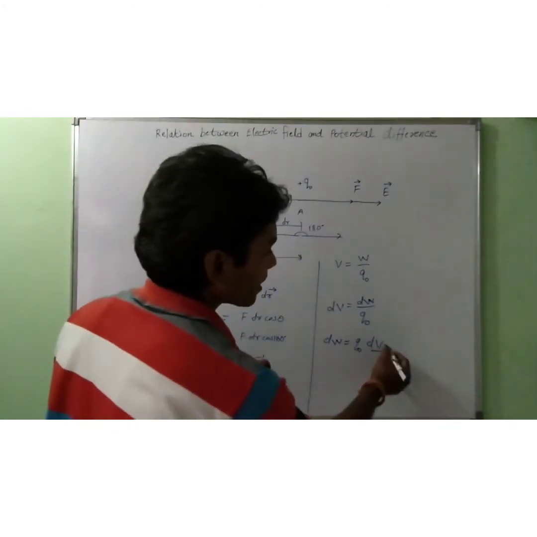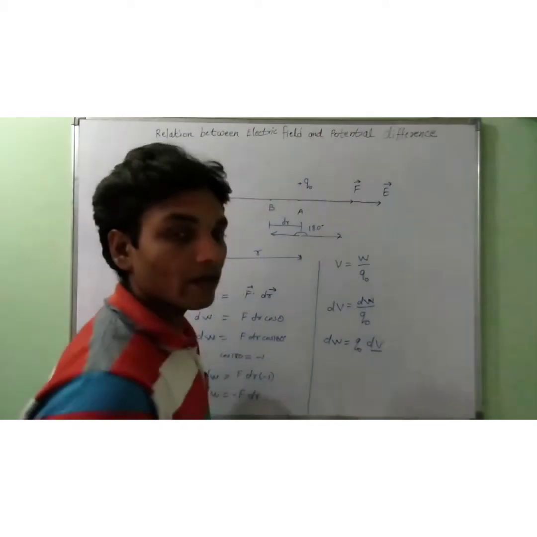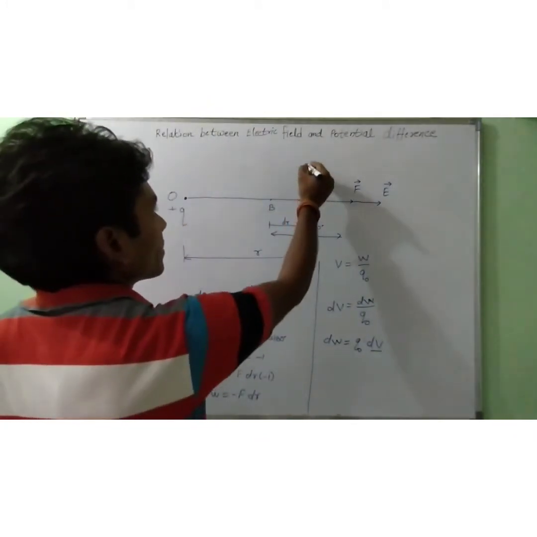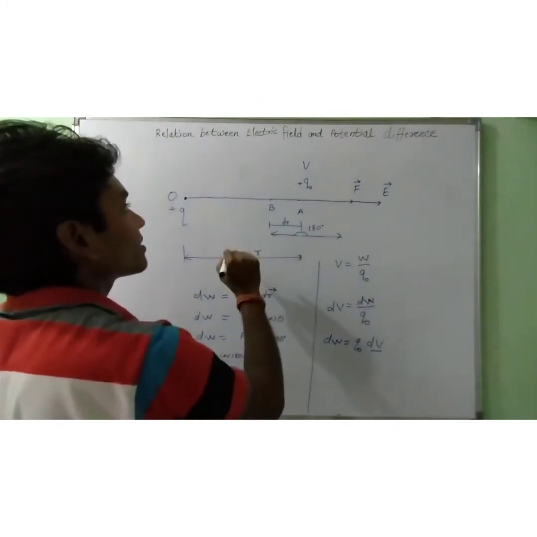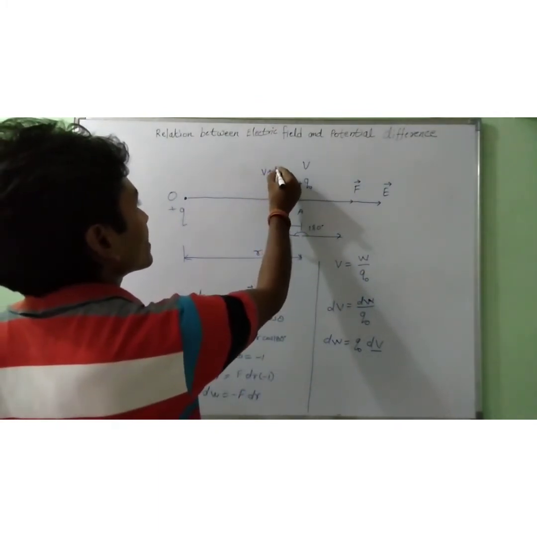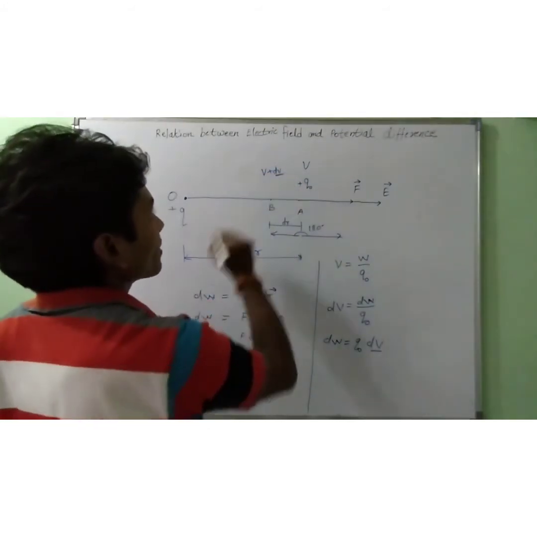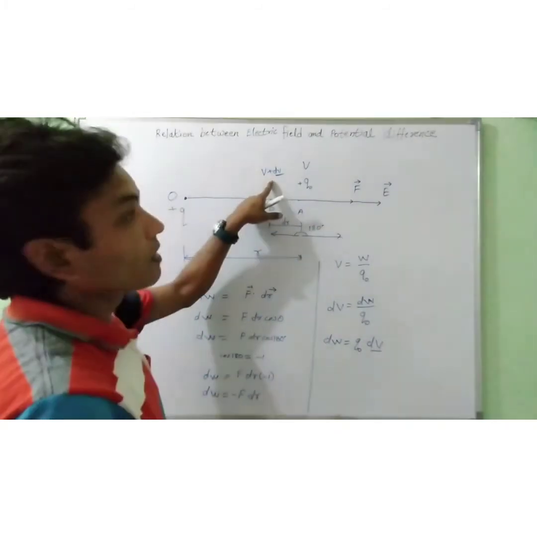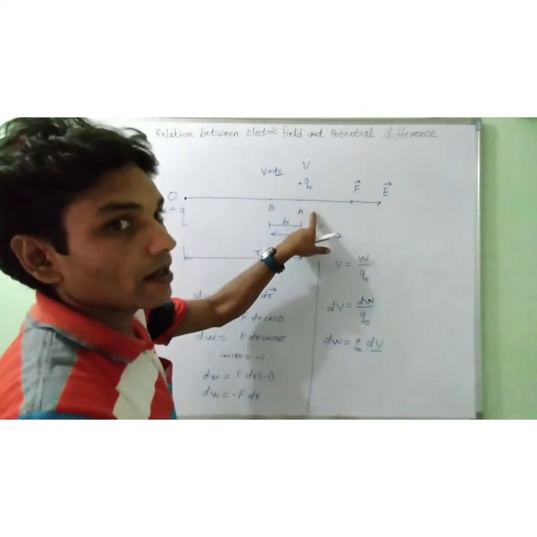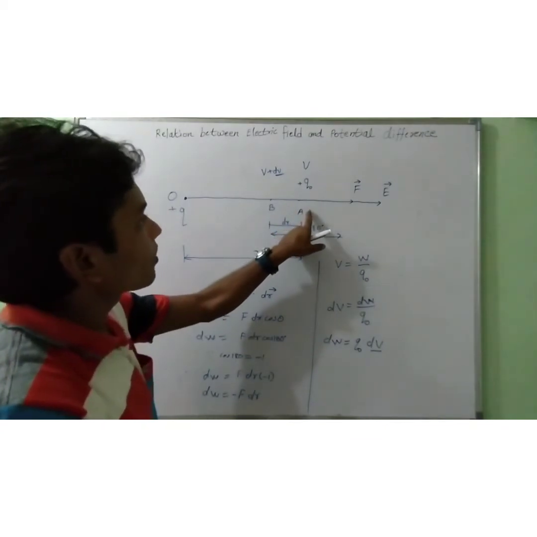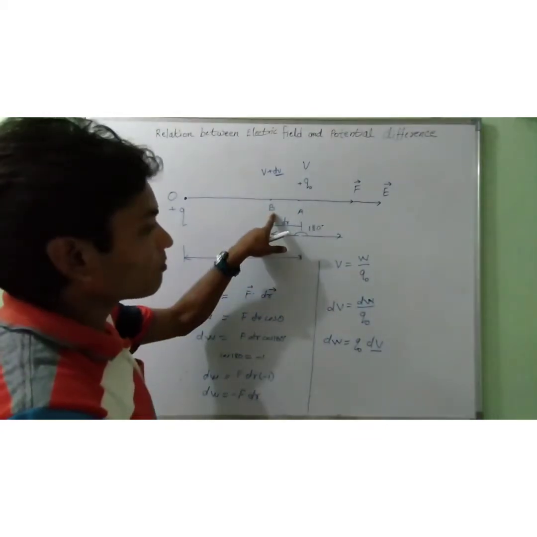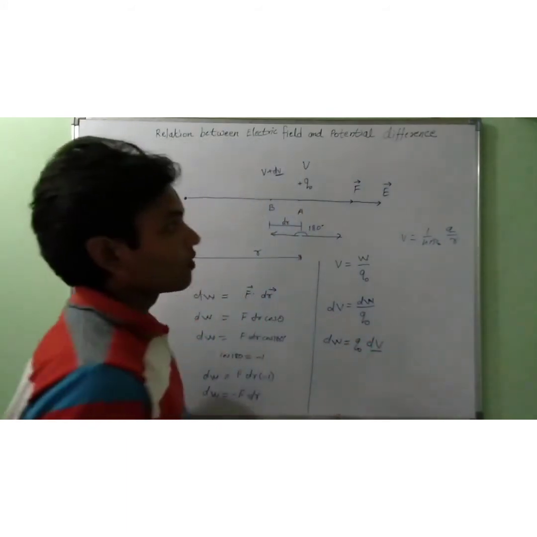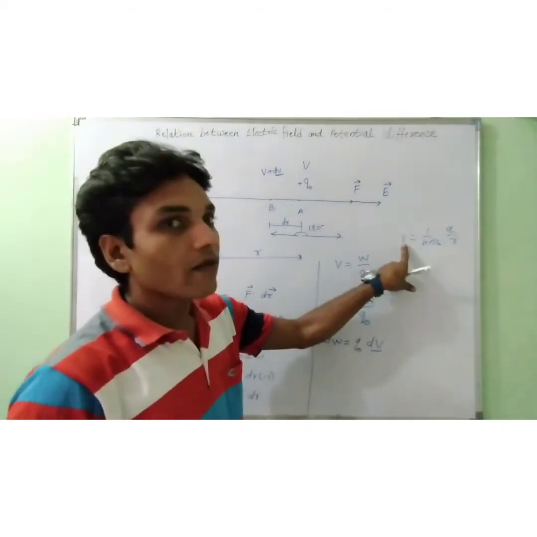This dV, where V is the potential, shows the potential difference between point A and B. Let the potential at point A be V, then the potential at point B will be V plus dV, where dV is the potential difference between A and B. The potential at point B will be more than that at point A, because the distance of point A is more than that of point B. So from the equation V equal 1 upon 4 pi epsilon naught Q upon R, when distance is increased, potential will decrease.